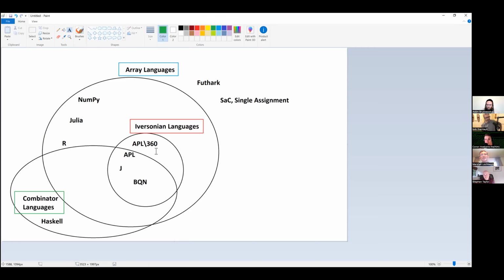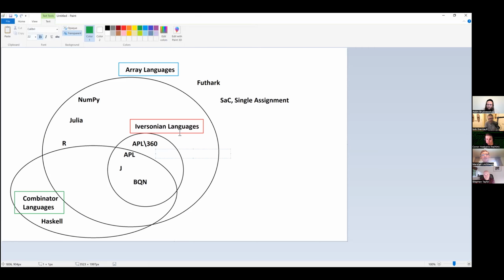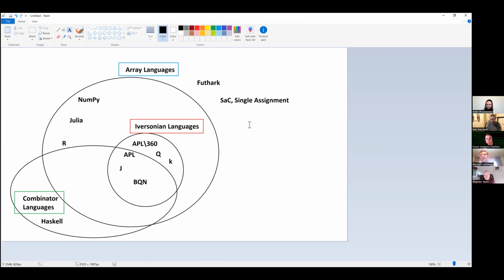Well, I think it's actually more obviously an Iversonian language than it is an array language, because NumPy and R are definitely pretty focused on multidimensional arrays. Obviously APL and J are. And K and Q, along with Julia, are mainly focused on one-dimensional arrays, I think.